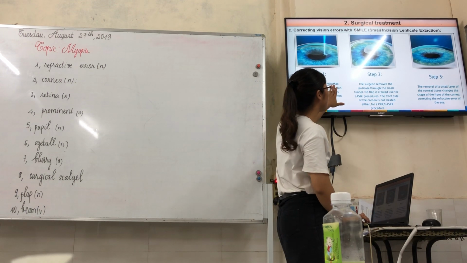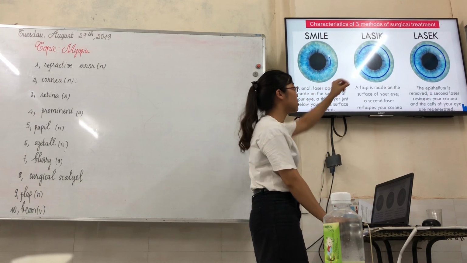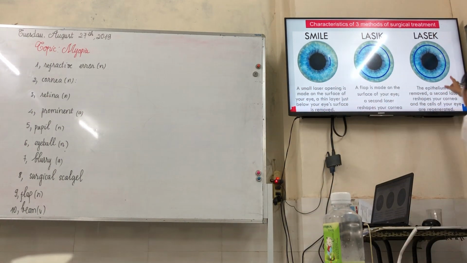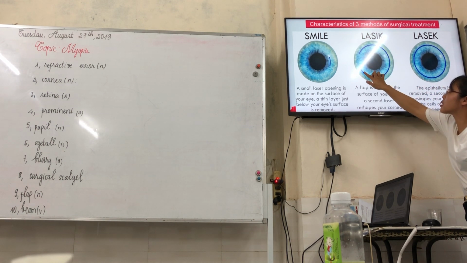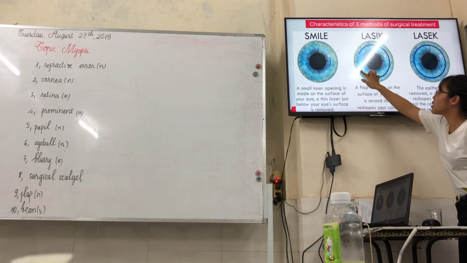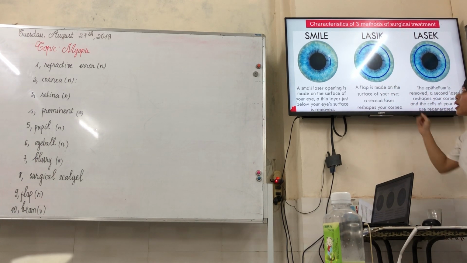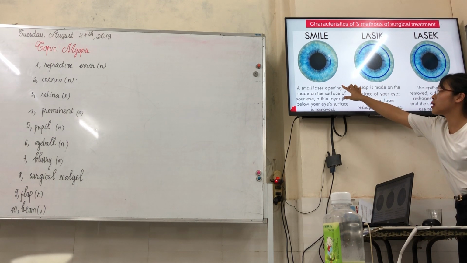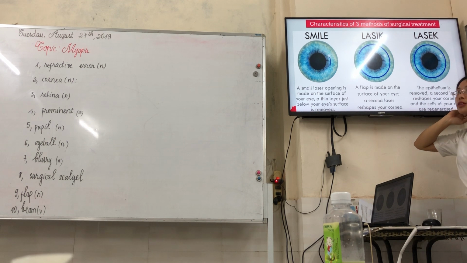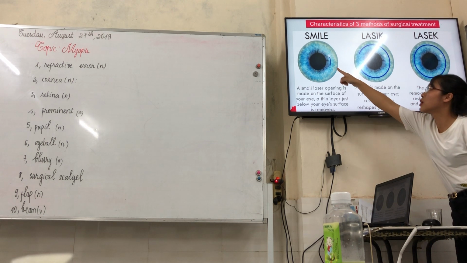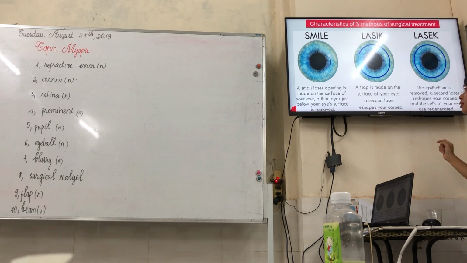And now I will show you the difference between 3 treatments. You know that it is the first method. It makes a change on the cornea, and in LASIK it affects from this point to the other point, and at last in the SMILE process it creates a small hole about 2 millimeters.